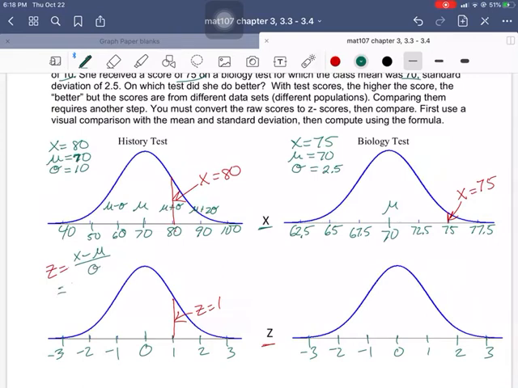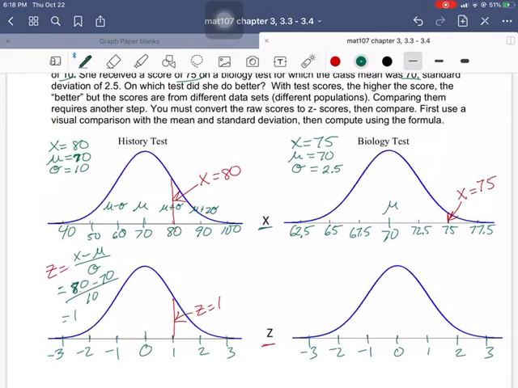So that is a score of 80 minus the mean of 70, over sigma. That's 10 over 10, which is our 1.